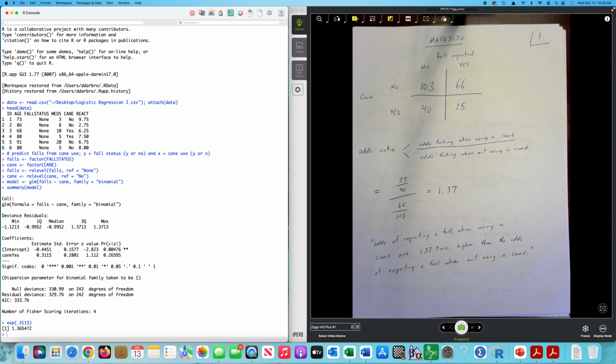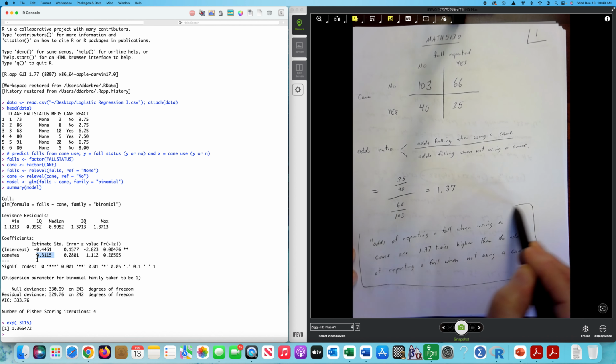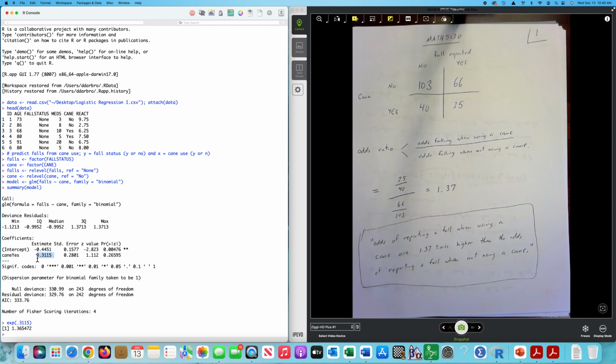It finds the odds of falling given cane use. So the interpretation of this estimate will be exactly what I presented right there. It's the odds of reporting a fall when using a cane are 1.37 times higher than the odds of reporting a fall when not using a cane.